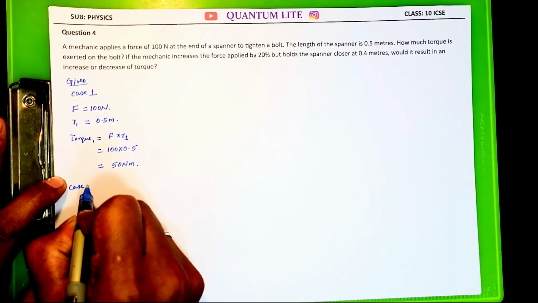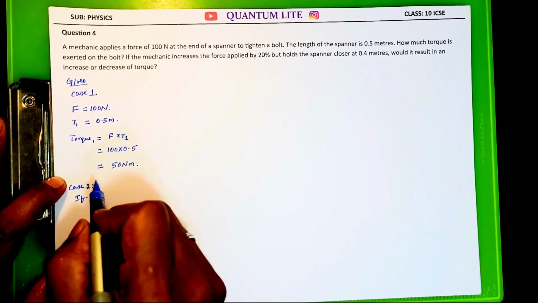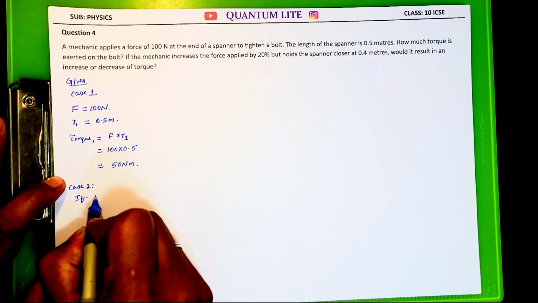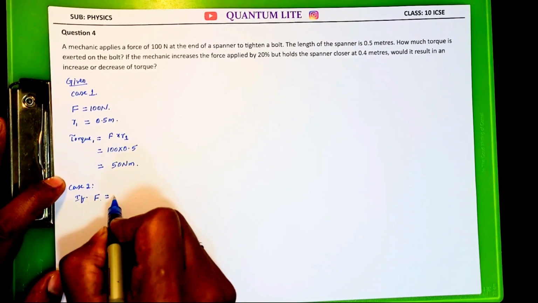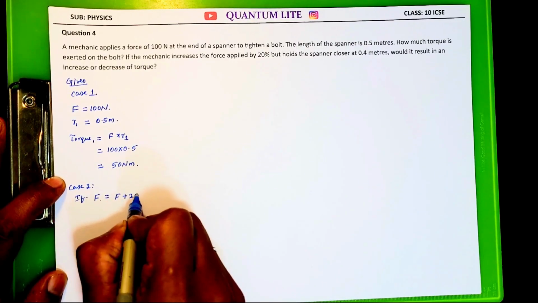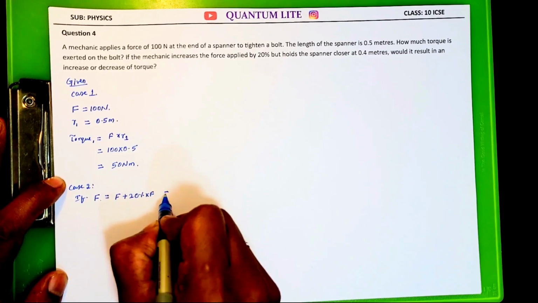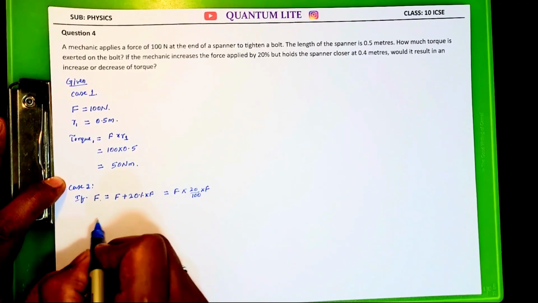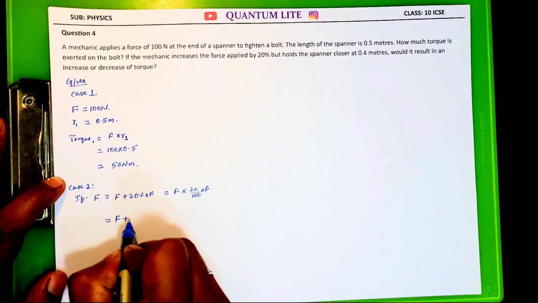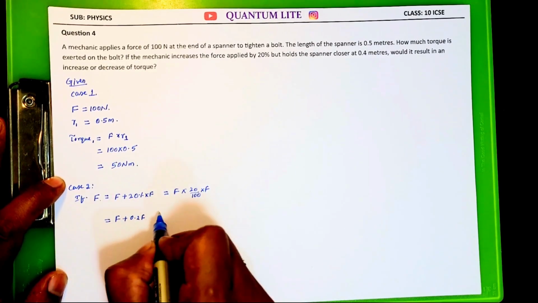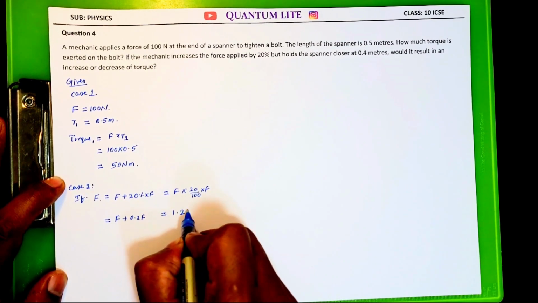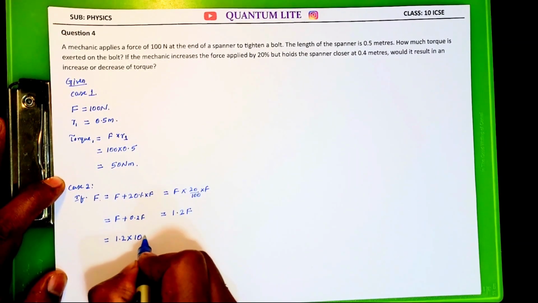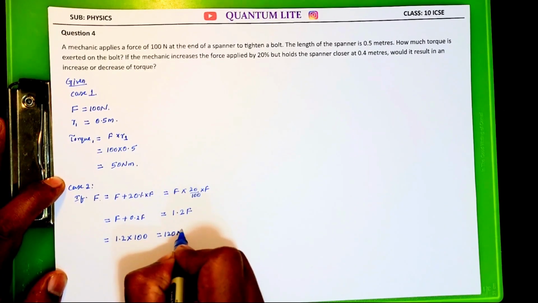In case 2, if the force is increased by 20%, the new force F is equals to F plus 20% of its original force, that is F plus 20 by 100 into F, that is F plus 0.2 F, so finally we get 1.2 F, that is 1.2 into 100, that is equals to 120 Newton.